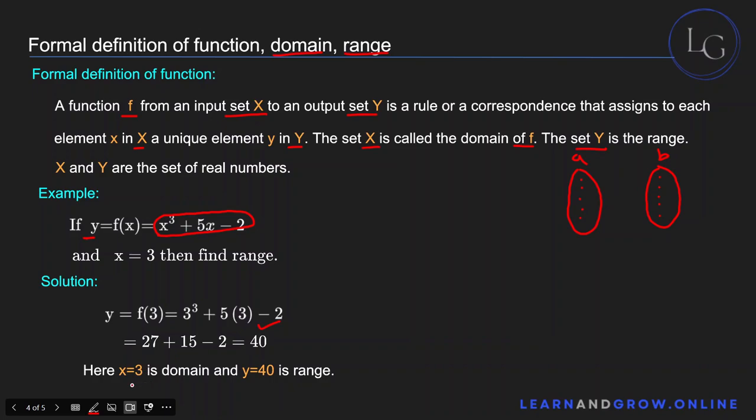So x equal to 3 is the domain, and y equal to 40 is the range. That's as simple as that. I don't think there's really much confusion in this topic, because you just have to remember that the value of x is the domain and the value of y is the range.